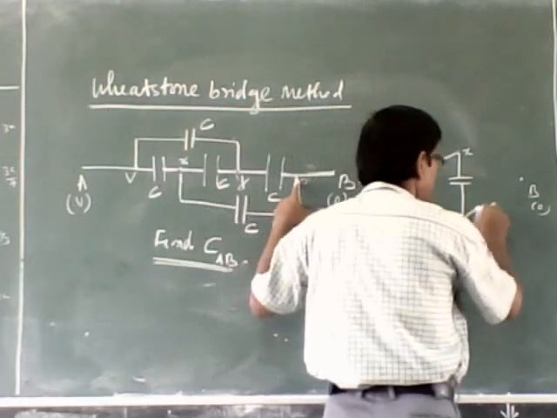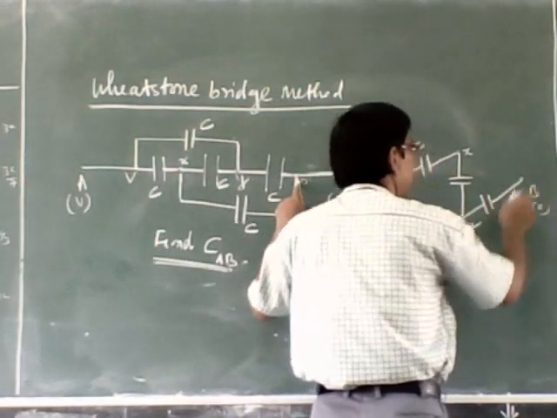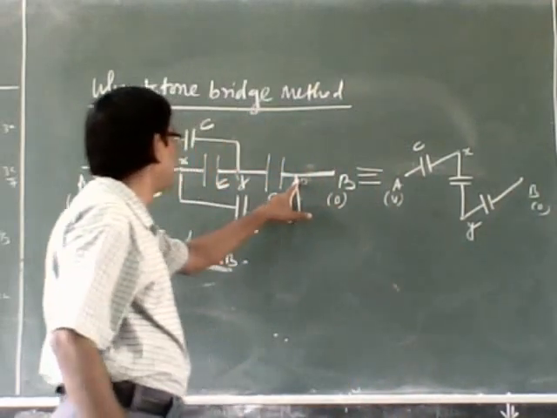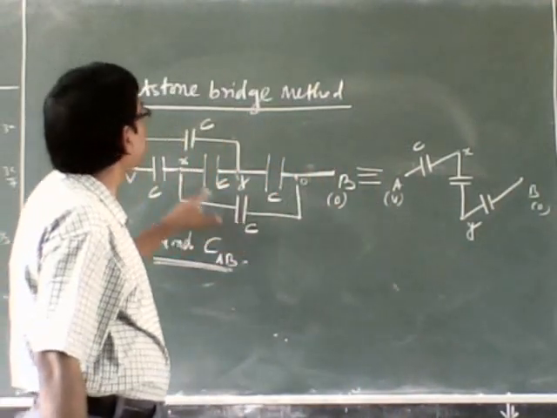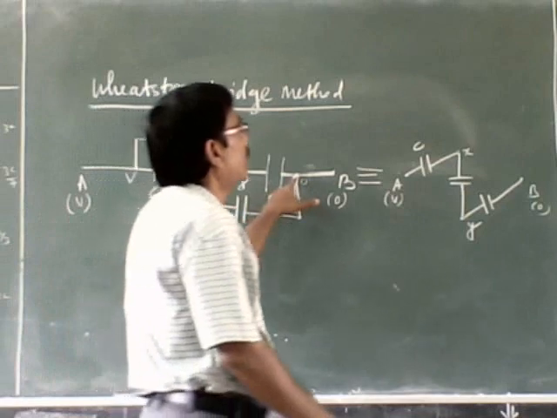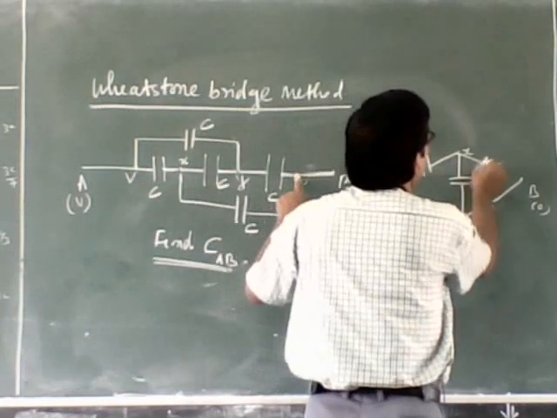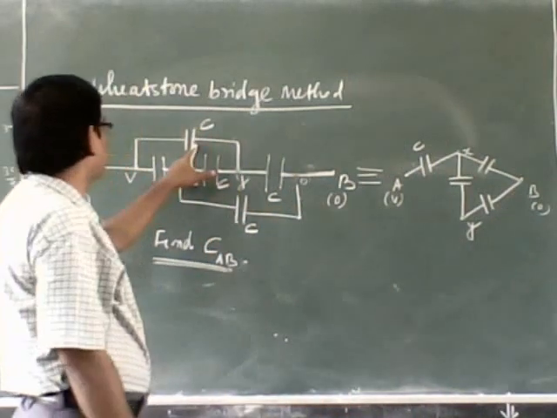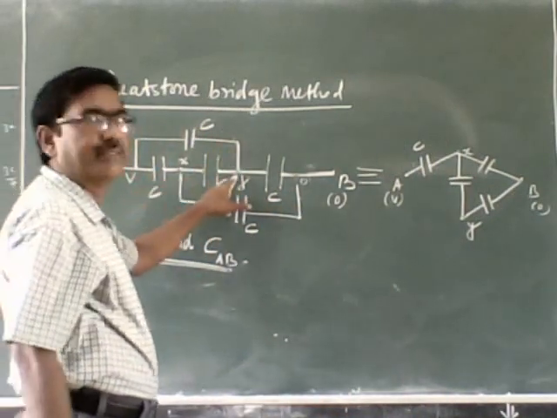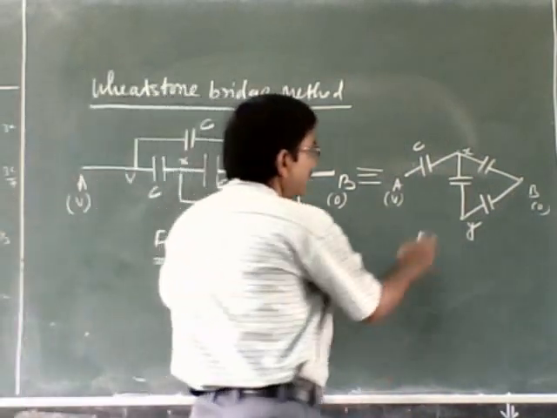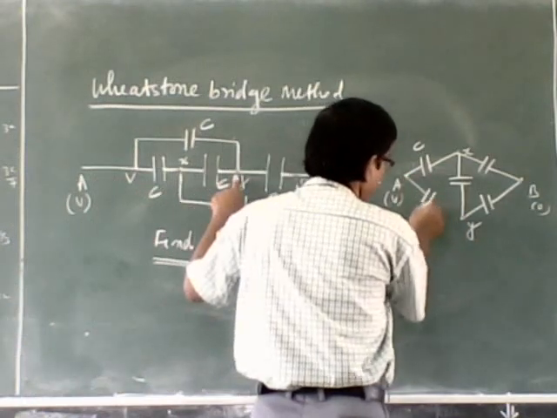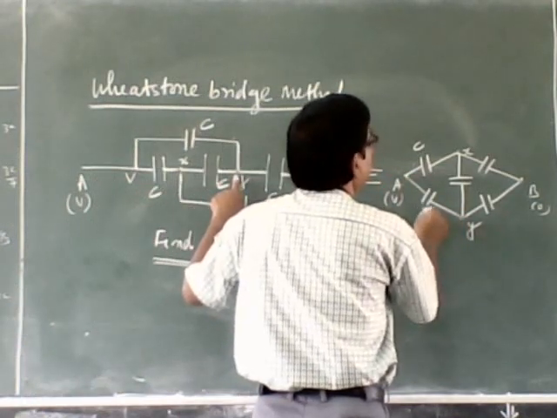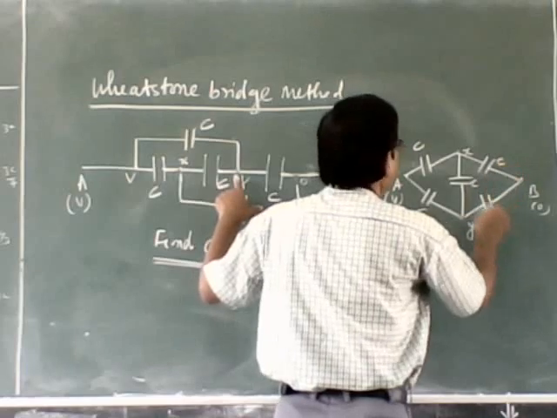Then the fourth capacitor is connected between X and 0. And the fifth capacitor is connected between V and Y. All have equal capacitance.